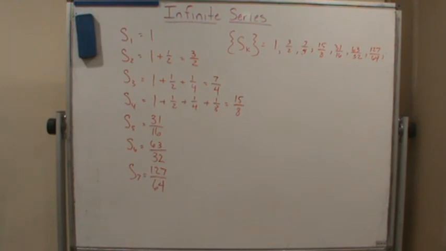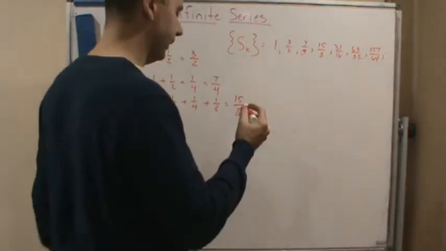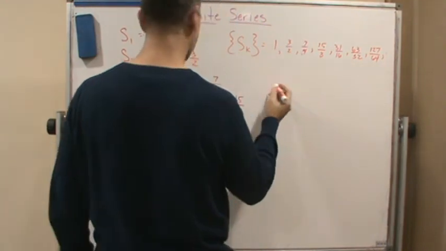Now, since the sequence of partial sums converges to 2, then we say the infinite series converges to 2. Again, we're going to prove this later analytically, but right now let's just say this thing converges to 2. So what do we say?